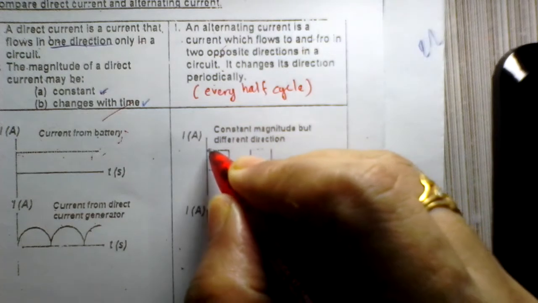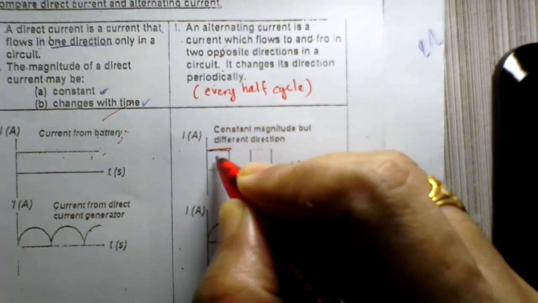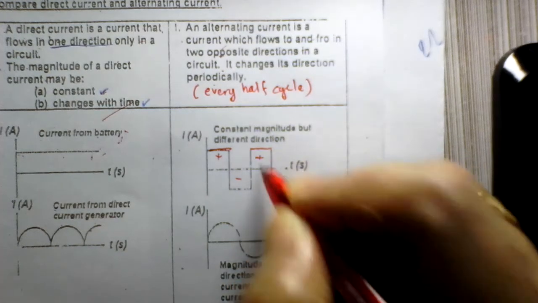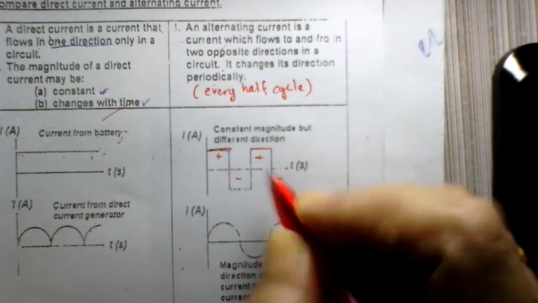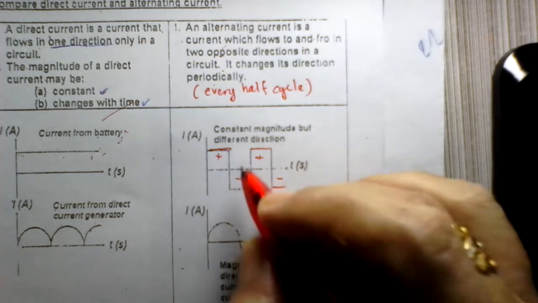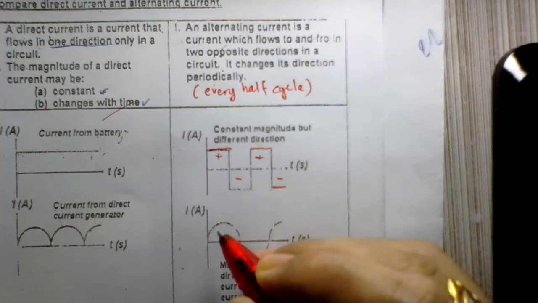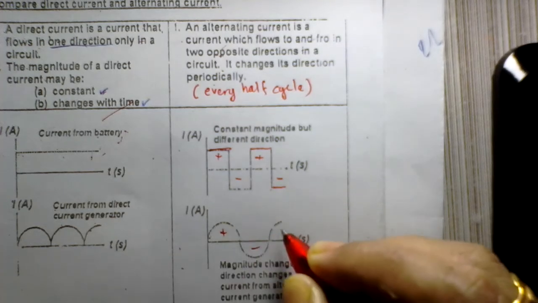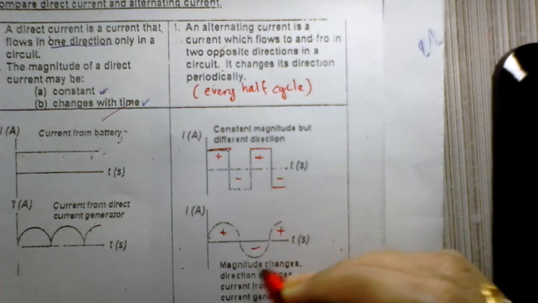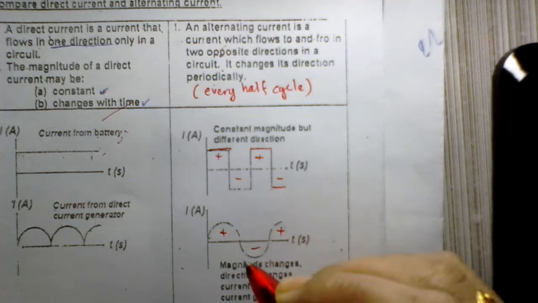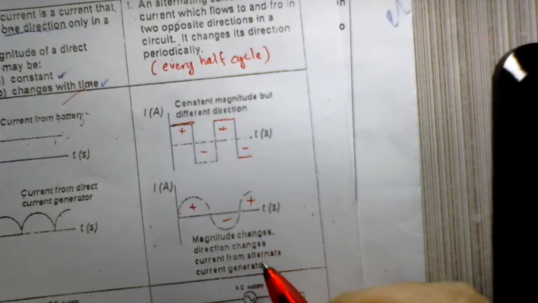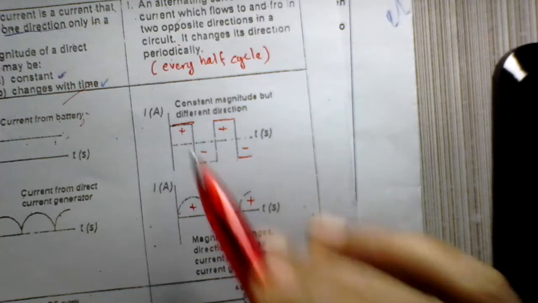For this graph, you can see the magnitude constant, but here positive, negative, and then positive, negative. So you can see the direction keep changing. For the first one, magnitude is constant. Second one, same thing, positive direction, negative direction, positive. So meaning direction keep changing every half cycle. This one magnitude changes, as example, produced by AC generator. Okay, so this one is for AC current.